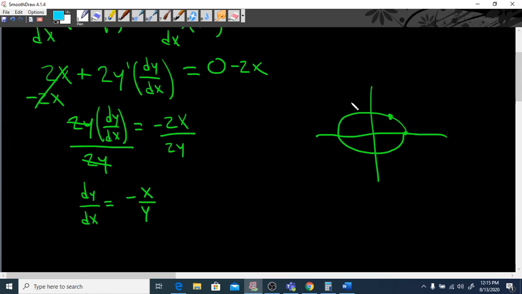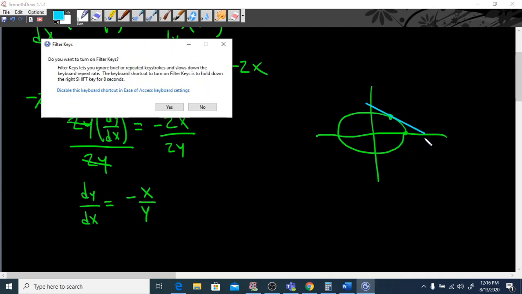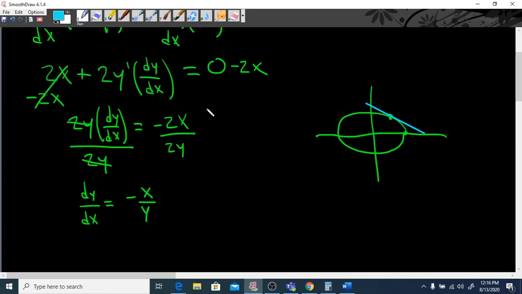If I draw a tangent line here, we can clearly see that the slope is negative. We're in the first quadrant, which means x and y are both positive.